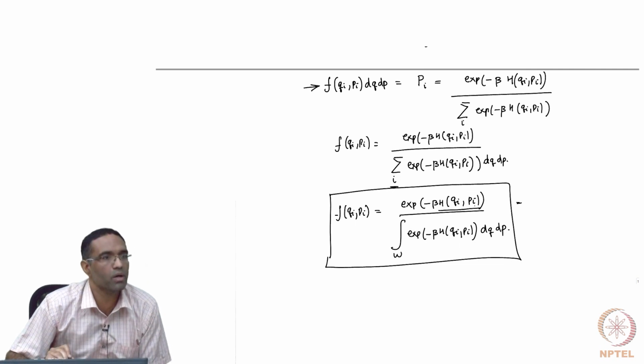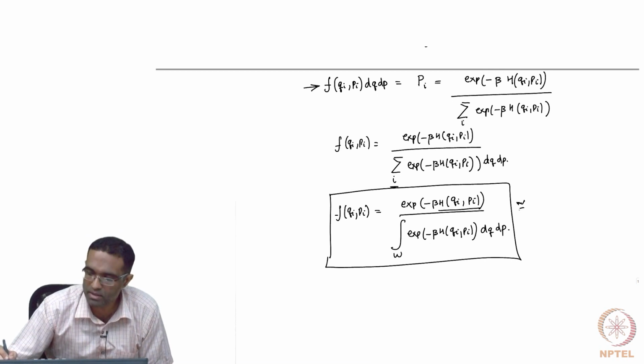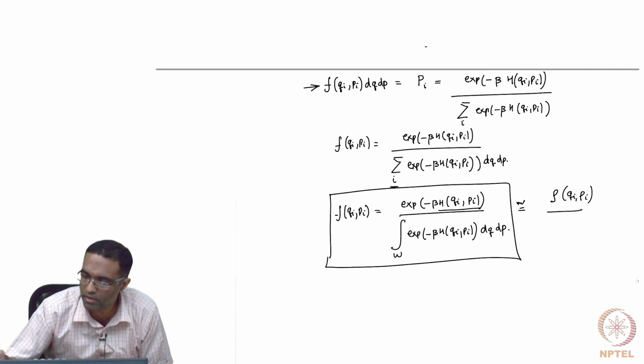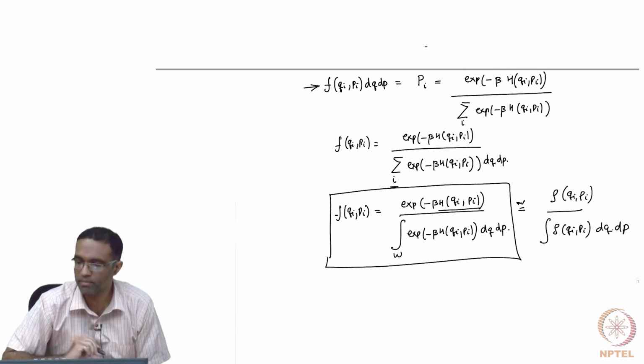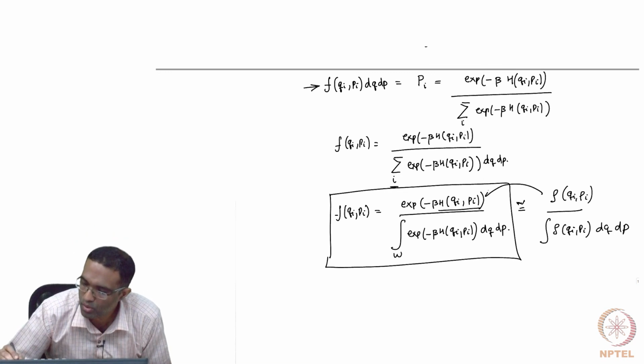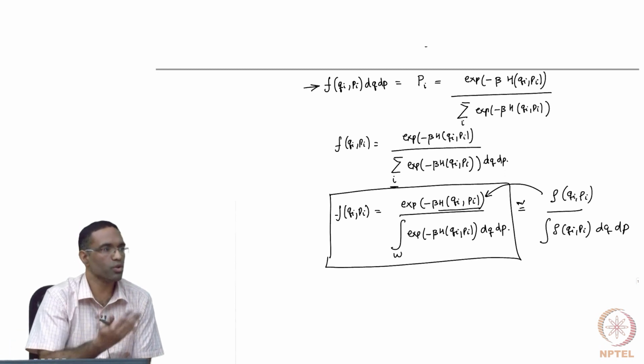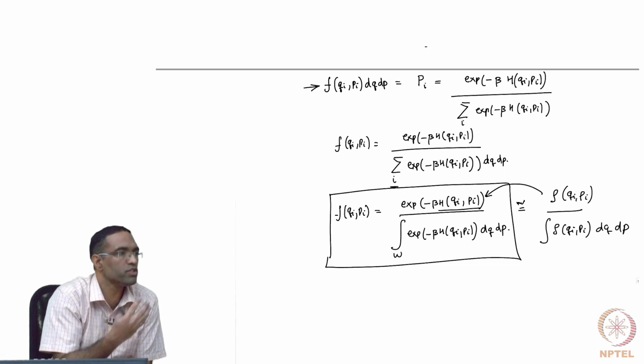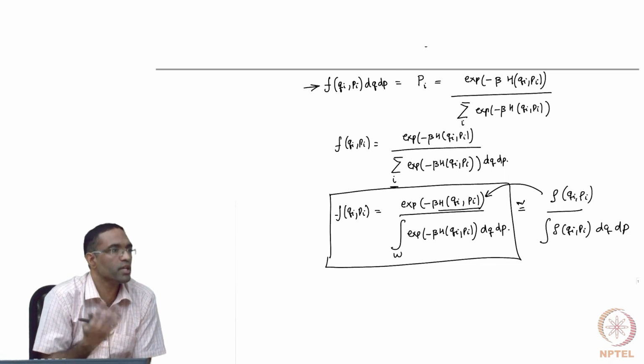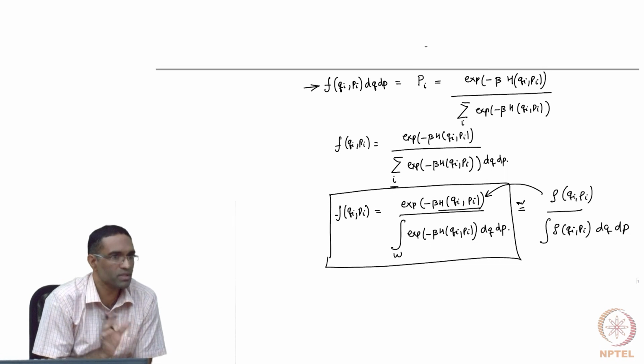The Hamiltonian or the energy of the system, which is the same as rho(qi, pi) divided by the integral of rho(qi, pi) dq dp, which means rho is proportional to exp(-beta H(qi, pi)), or in other words, rho is proportional to a function explicitly of the Hamiltonian of the system.